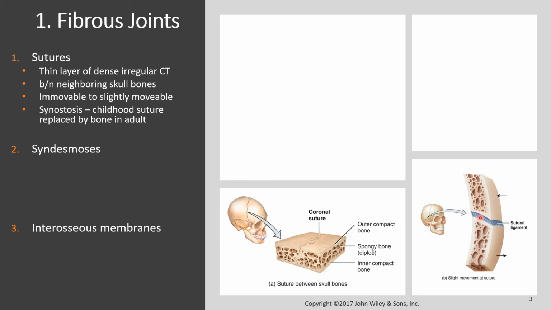They're going to have a little layer of dense irregular CT that you can see over here. They're immovable to slightly movable, just barely, and some people have a debate about this. They'll say children maybe have slightly more movable bones between their skull bones.